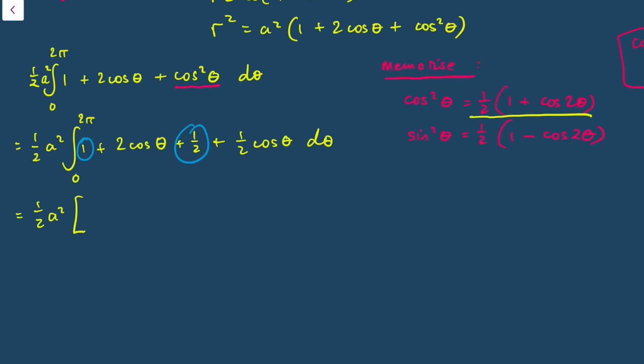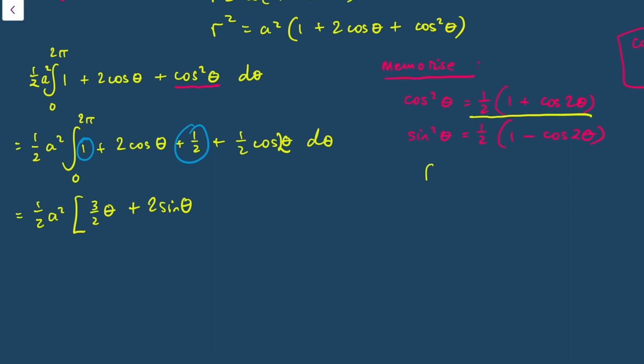So when I integrate 3 over 2, I'm going to get 3 over 2 theta plus 2 sine theta plus, that should say half cos 2 theta, sorry, plus a half sine 2 theta, and I need to divide by a, or times by 1 over a.